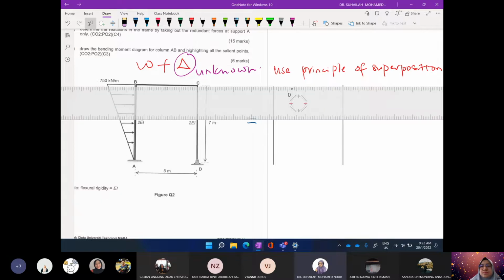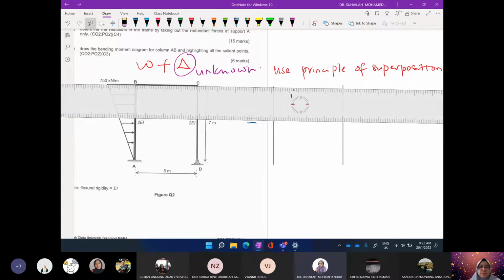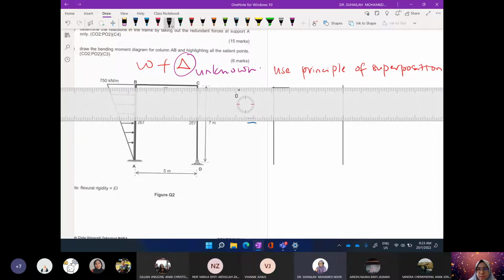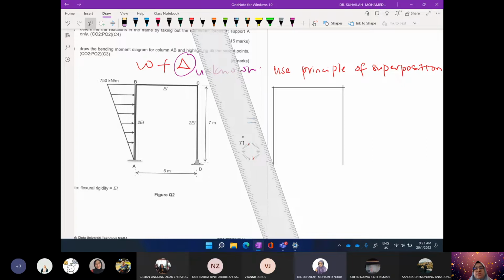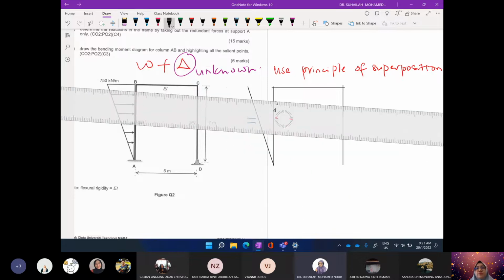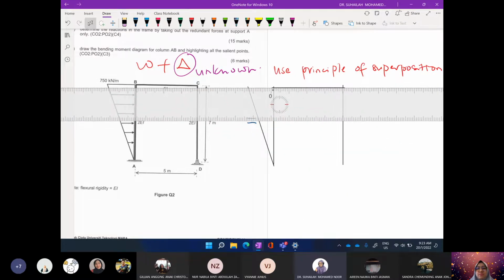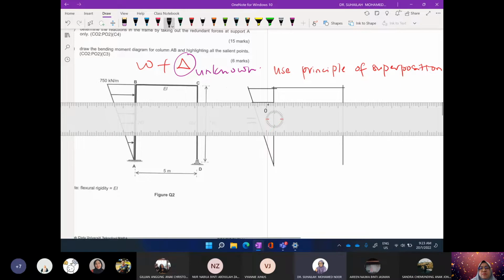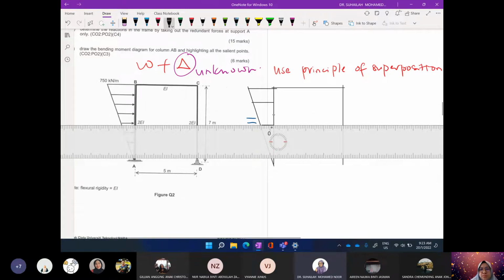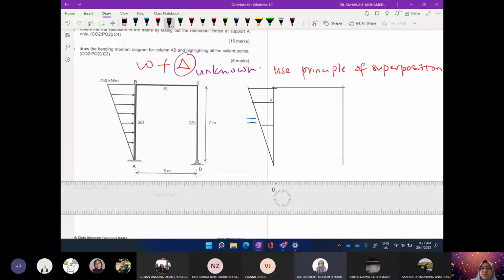The loading remains. We want to remove delta because we want to analyze this loading.